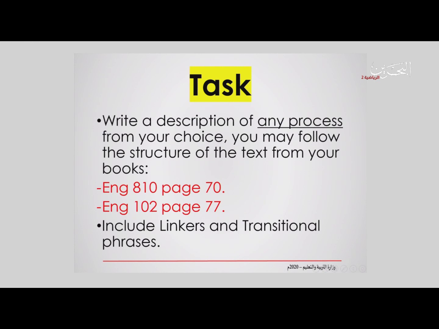It will help you to write something similar, and it will help you in practicing. You can use English 810 for the seniors, on page 70. For the first level, from the unified track, you may use the English 102 book, page 77. Don't forget that you have to use linkers as well as transitional phrases.